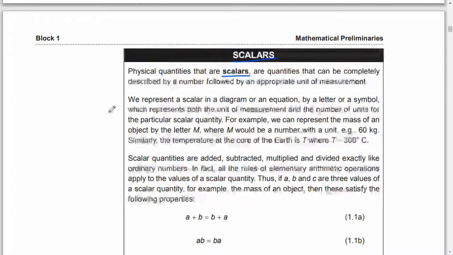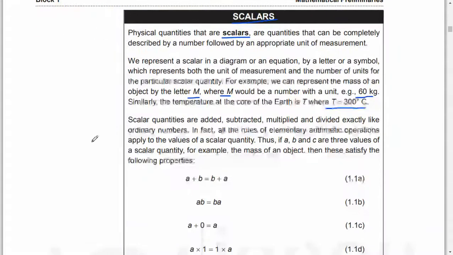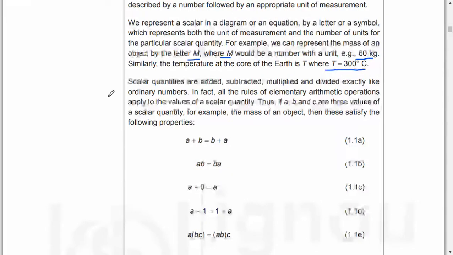For example, we can represent the mass of an object by the letter m, where m would be a number with a unit. Example, 60 kg. Similarly, the temperature at the core of the earth is T, where T equal to 300 degrees Celsius. Scalar quantities are added, subtracted, multiplied, and divided exactly like ordinary numbers.